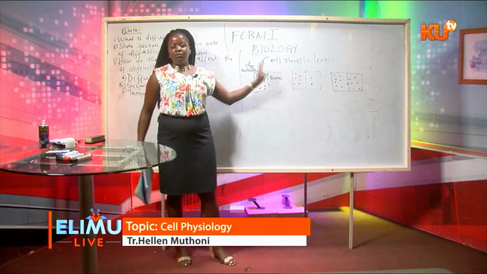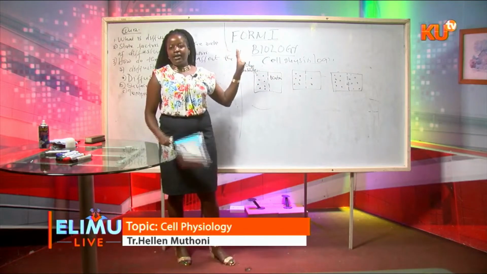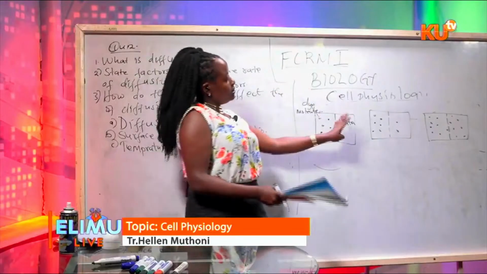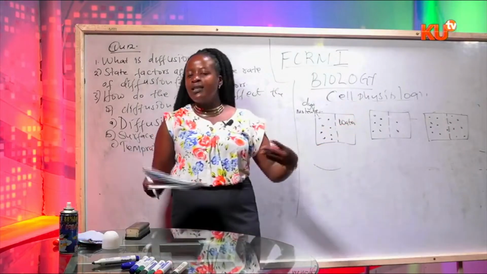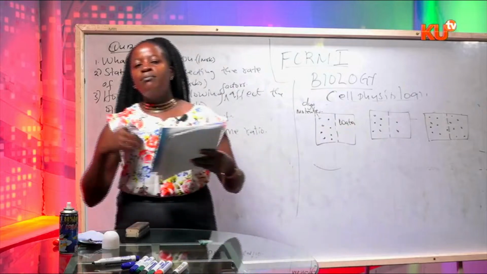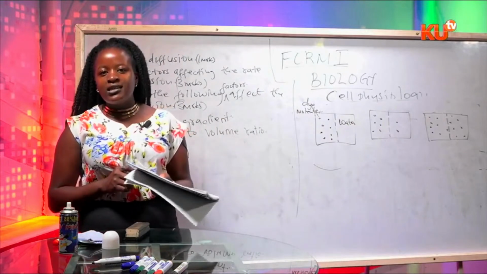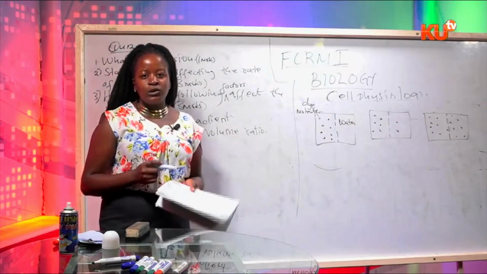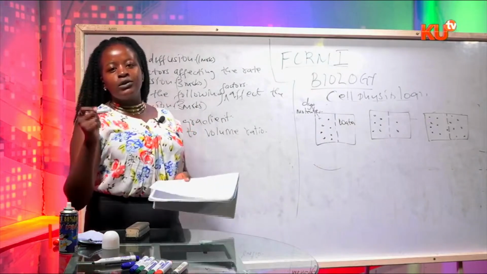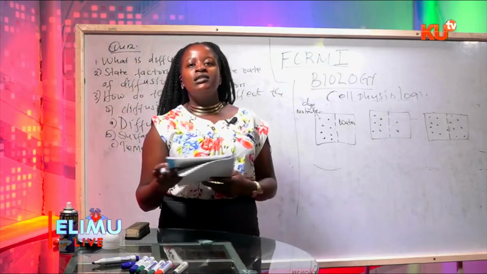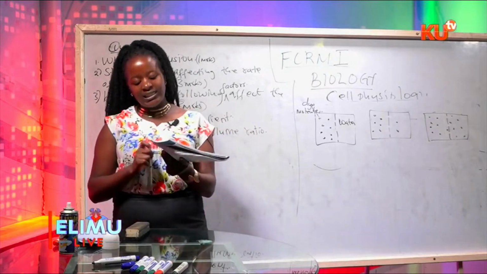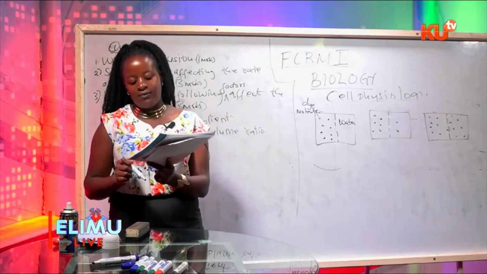So molecules are moving from one region where there are many, in large amounts, to another region where there are not many. That simply shows you that the process being tested is diffusion. When you're writing diffusion, ensure that you have the correct spelling. Don't leave out the F. We write diffusion with double F.